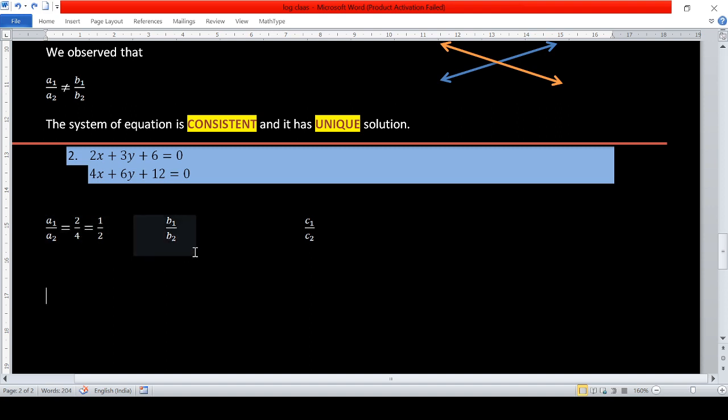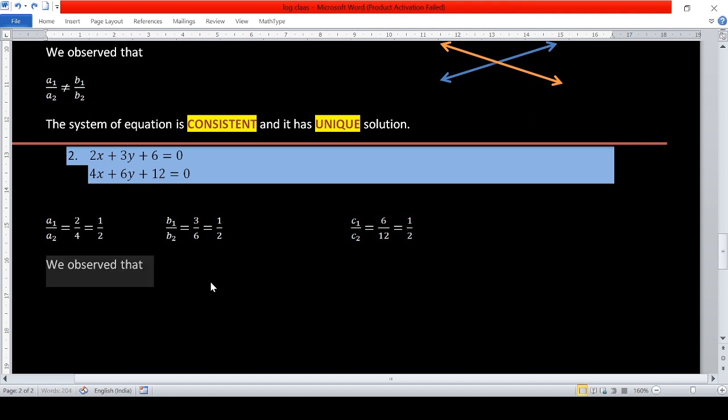Second ratio, b1 by b2 is equal to 3 by 6, the simplest form is 1 by 2. Third ratio, 6 by 12, is nothing but 1 by 2. We have to bring each ratio into its most reduced form, then only can we compare very quickly. So 1 by 2, 1 by 2, 1 by 2.